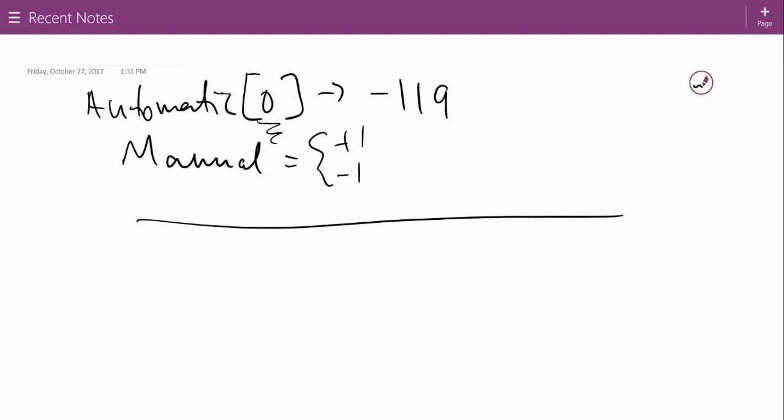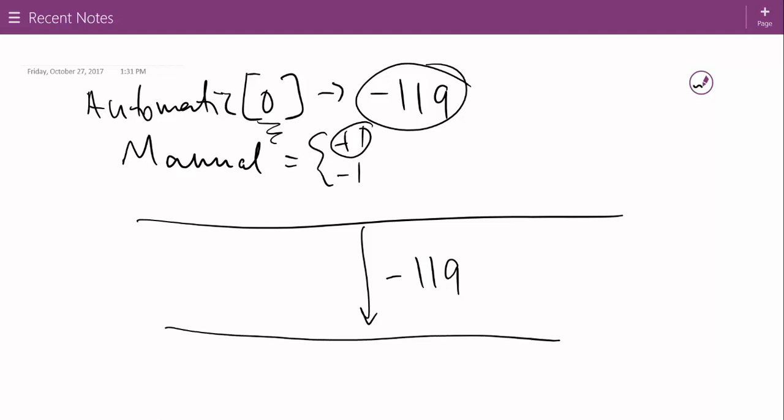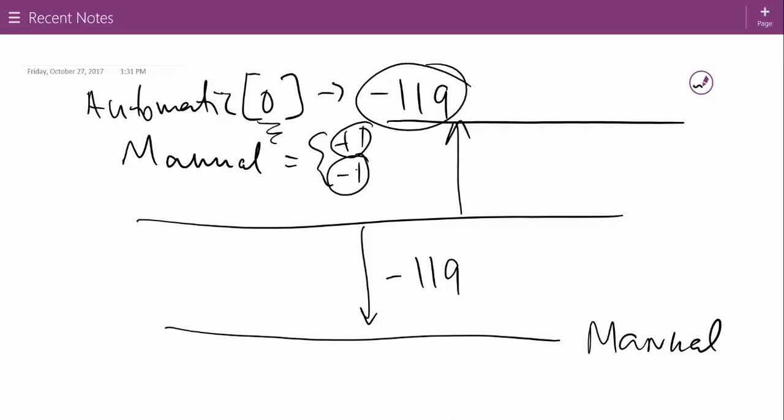So if the car is manual, I multiply it by plus 1, and therefore it goes 119 below the average, because it's minus 119. So this is where the manual cars are located. But if the car is automatic, it becomes minus 1. So minus 1 times minus 119 gives me plus 119, and that is the automatic car.